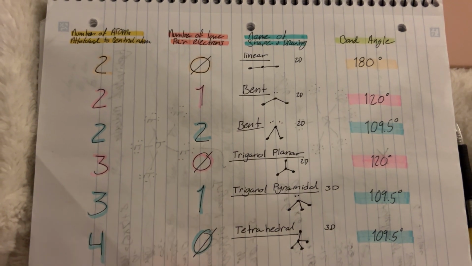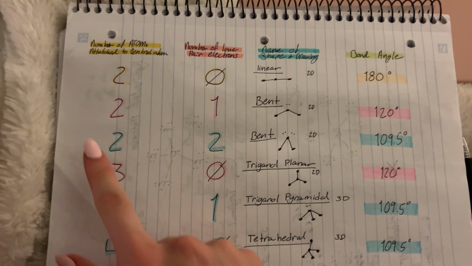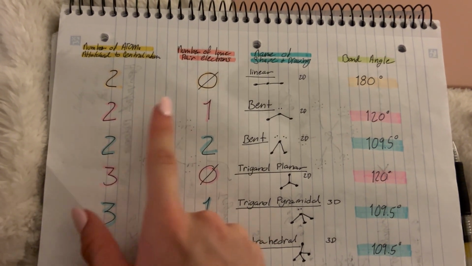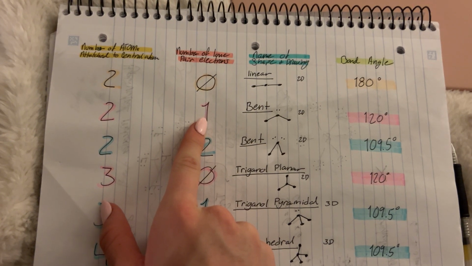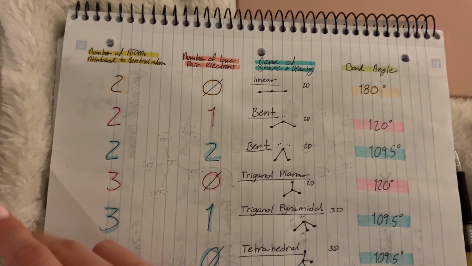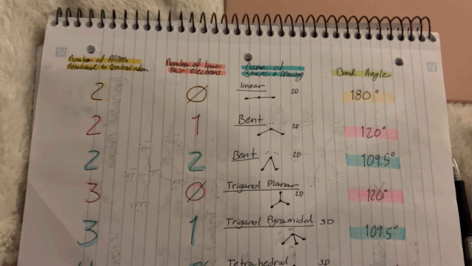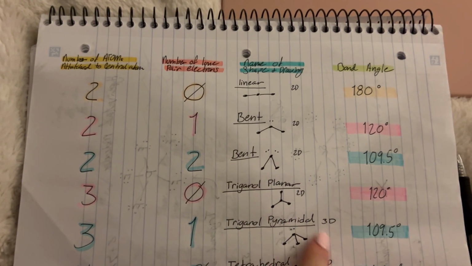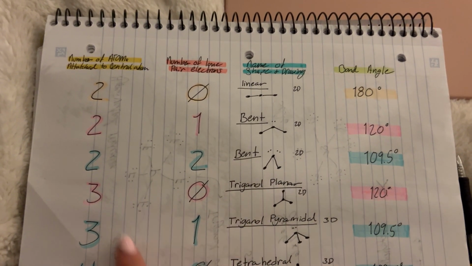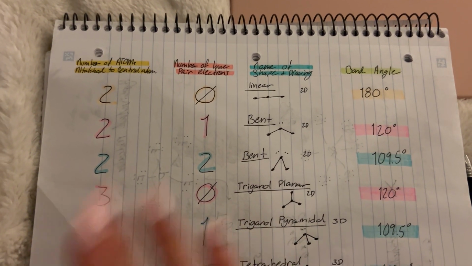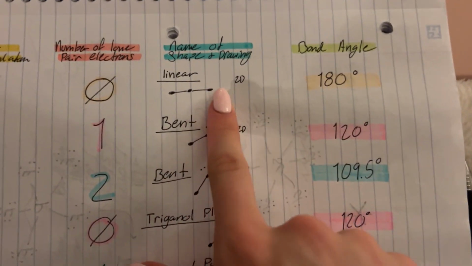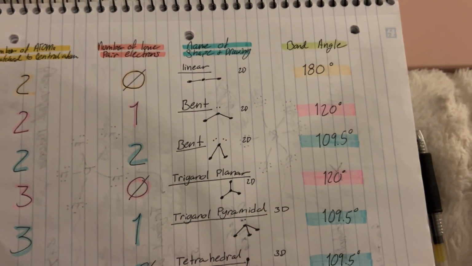Well, you put those 2 on the central atom. A pair is 2 electrons, which is equal to 1 bond, and a double bond is 4 electrons. Just the basics.